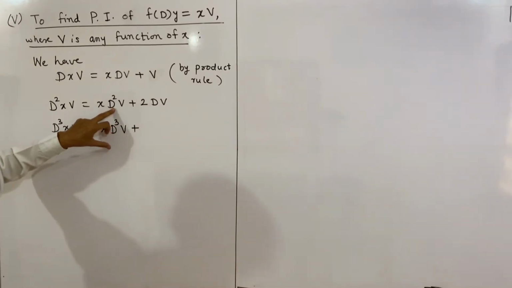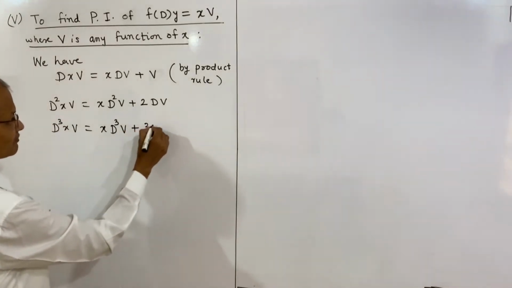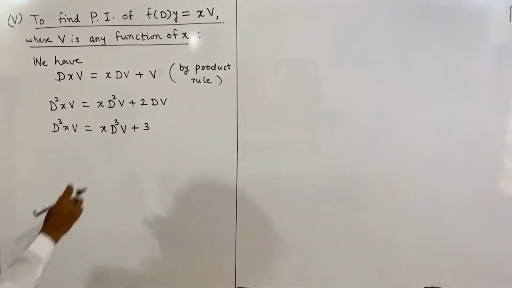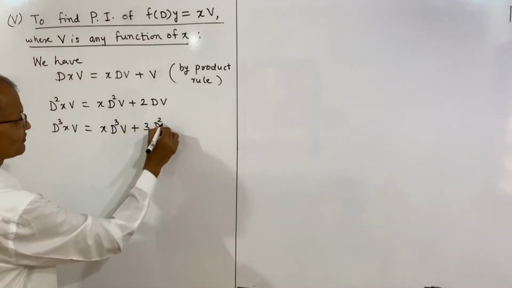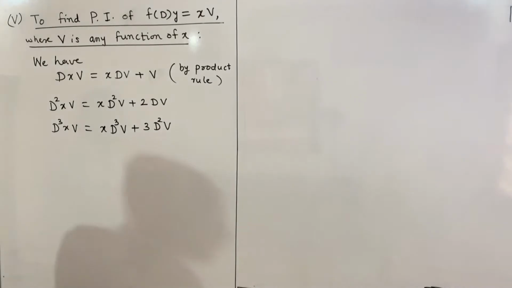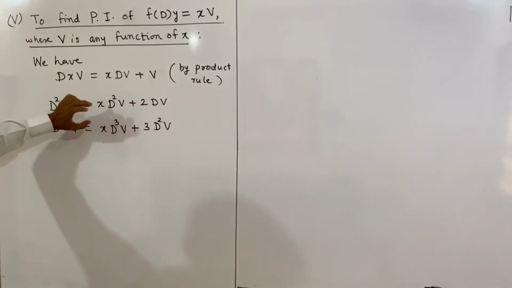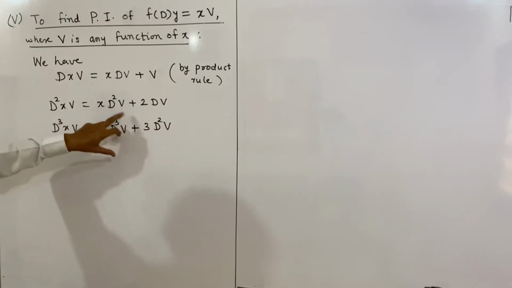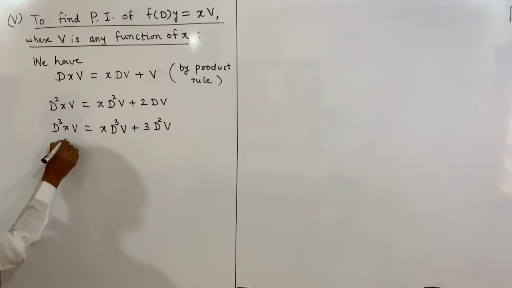So this is D square v plus 2 D square v, that will be 3 times D square v, and so on.